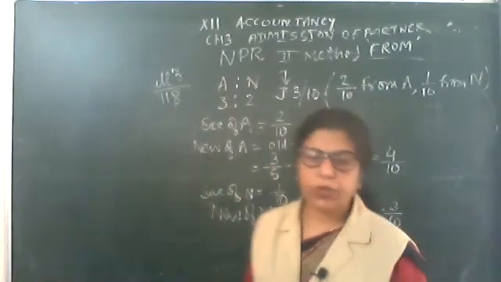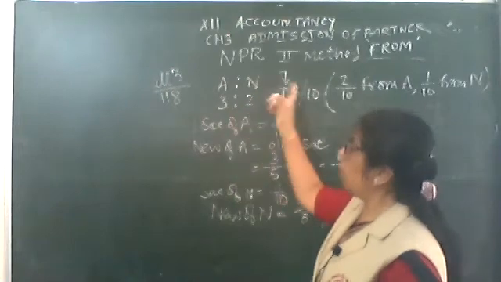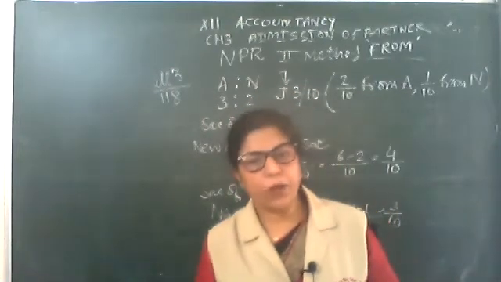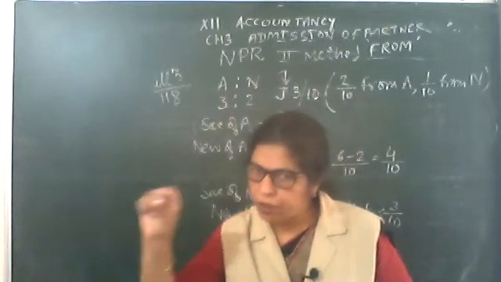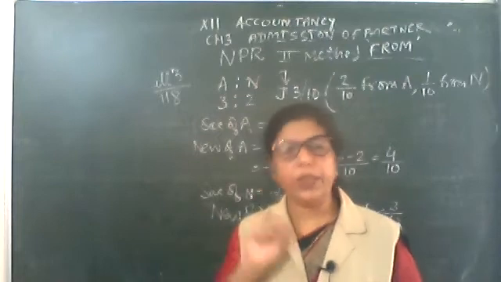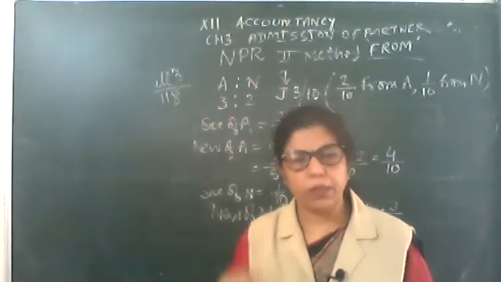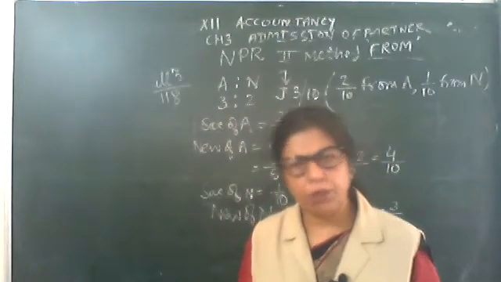But how to calculate now the ratio of all three partners? Because new profit sharing ratio means the profit sharing ratio of all the partners, including the new one. The incoming partner will also be there to share the future profit.